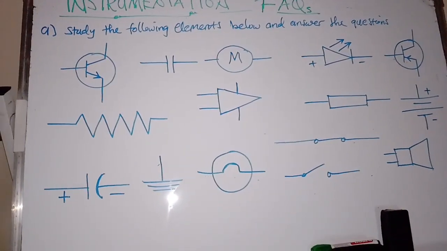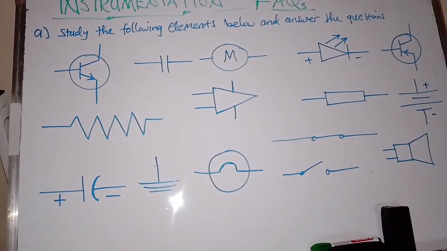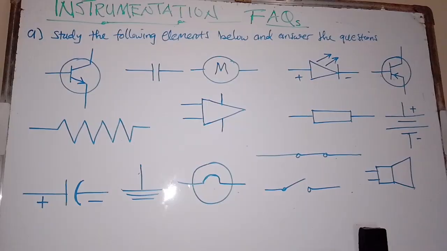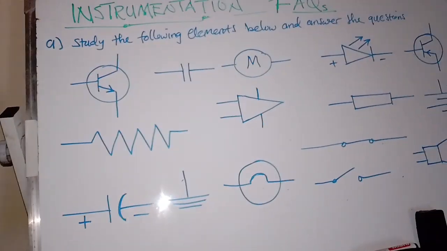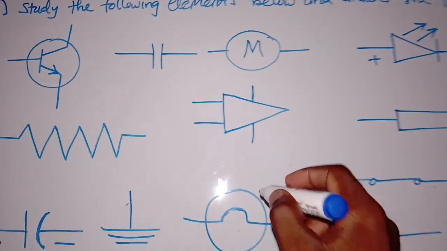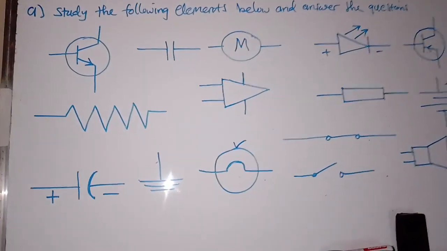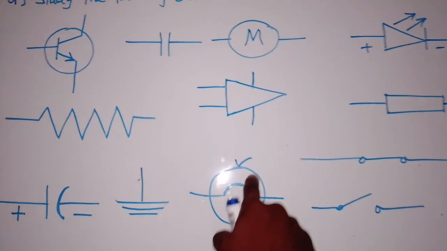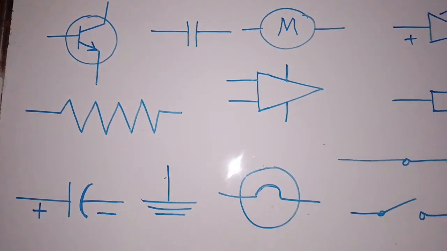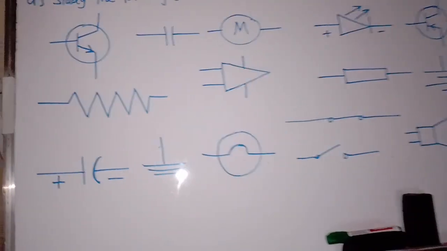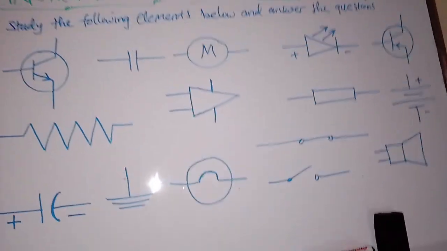Have you tried it? That is what? A light bulb. Okay, this is a light bulb. So it converts electric current to light.